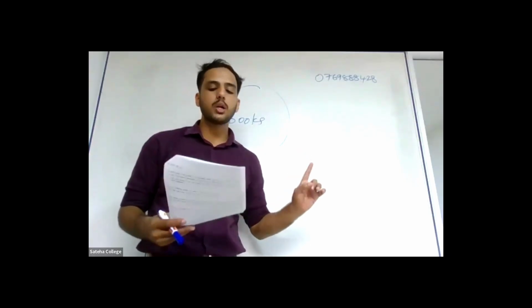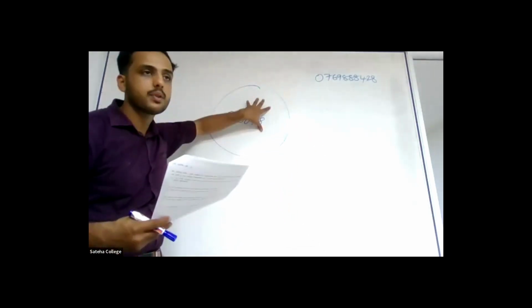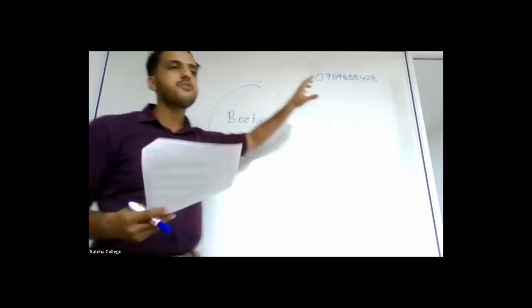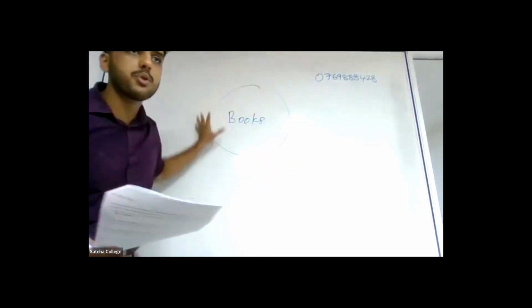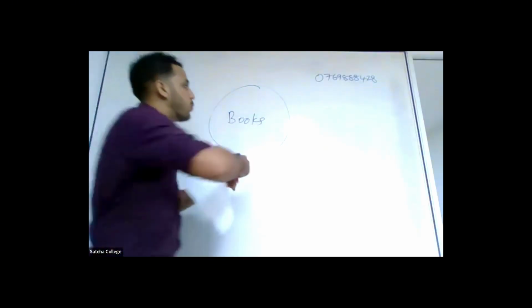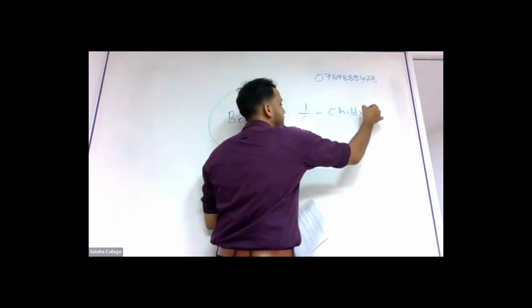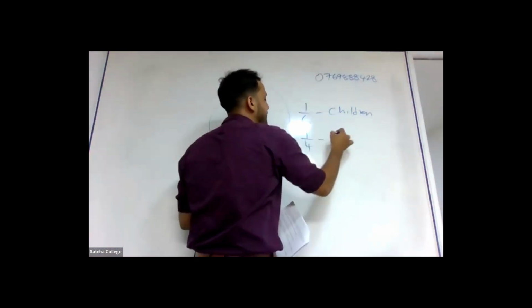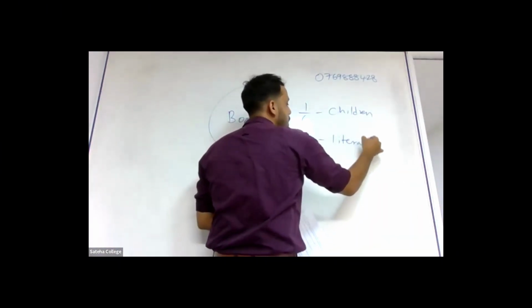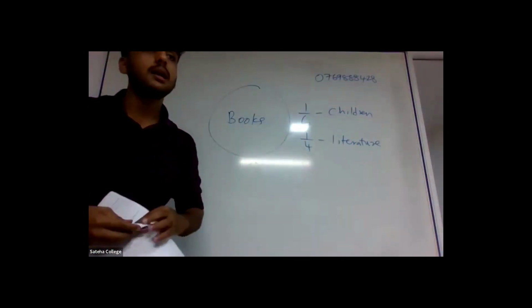Think, are they from the total? 1/6 of the books. Books is the whole thing. 1/4 is literature, again from the whole thing. So 1/6 is children's books and 1/4 is literature. Now remember, both of them are from the total number.